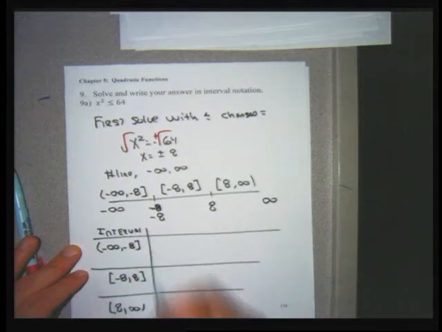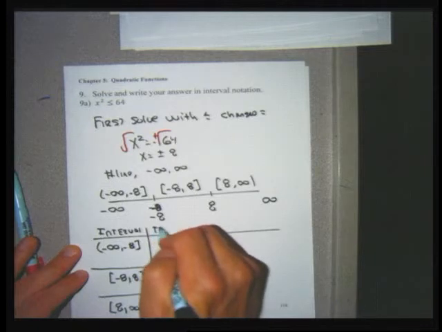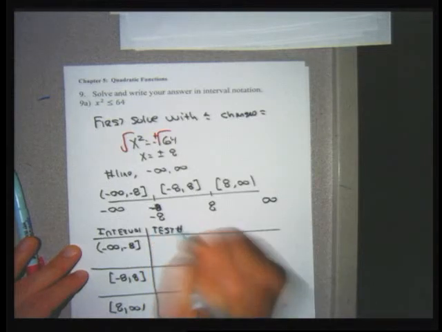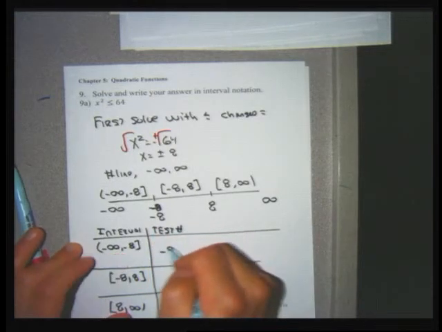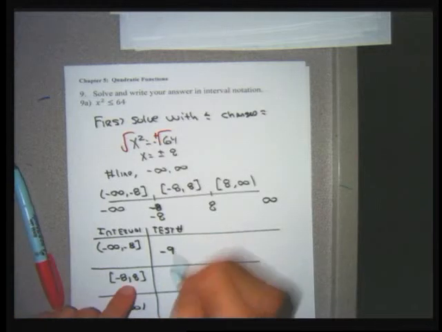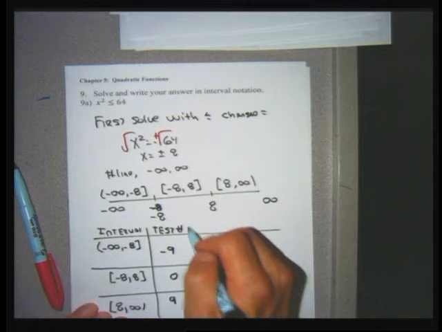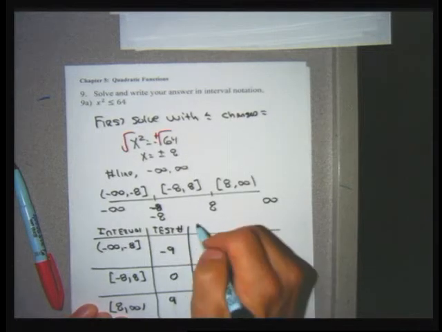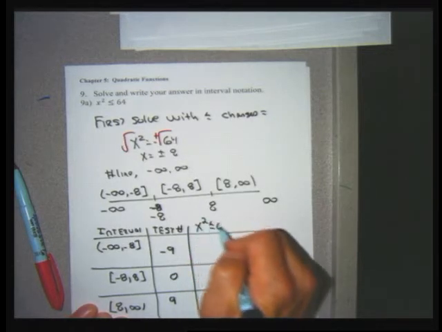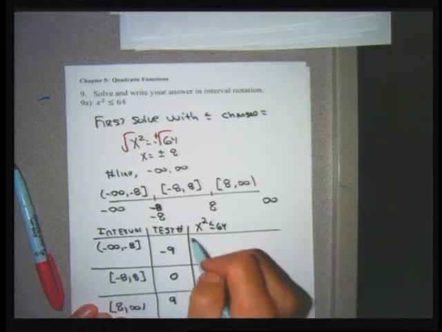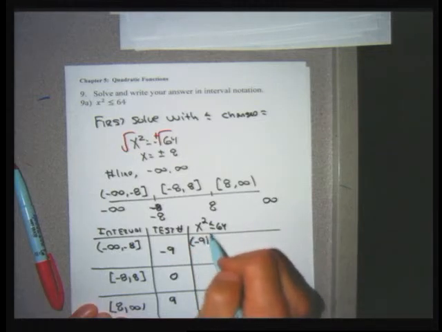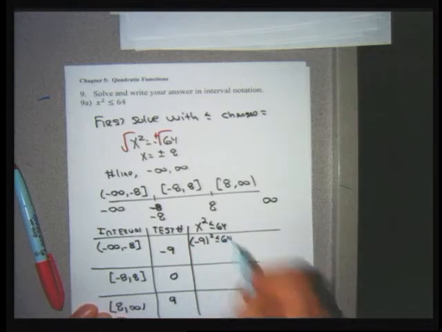Now I need my check number. I'll call it a test number just to be different. This interval I'm going to put a negative 9. The 0's in this interval, so I'll put a 0. That interval I'll put positive 9. And I need to check it into x squared is less than or equal to 64. First one, negative 9 squared is less than or equal to 64.